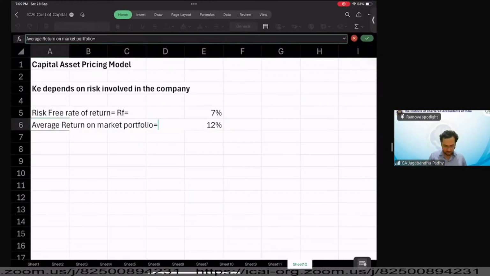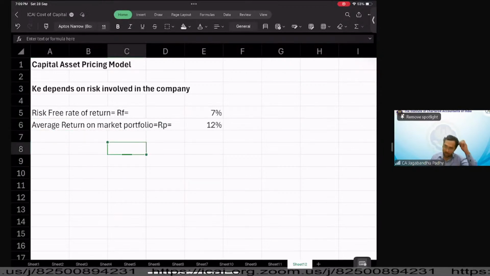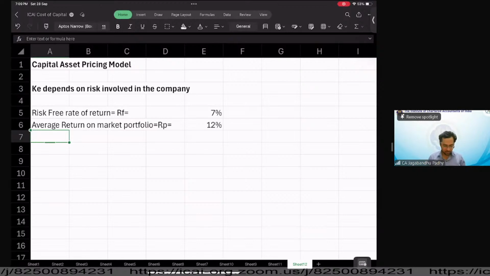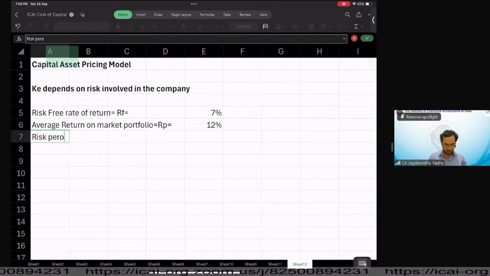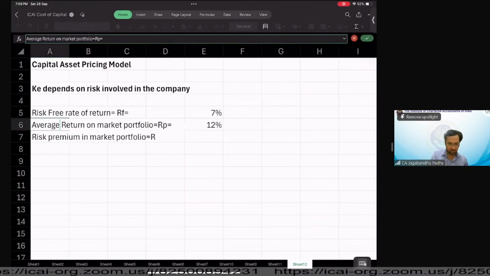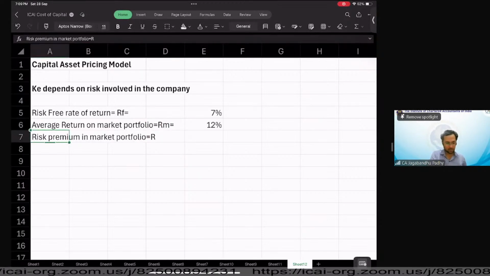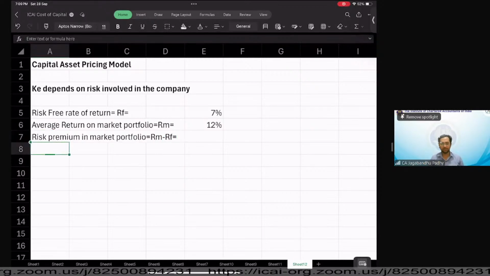This market return is going to be denoted by RM. What is the extra return that you are getting? 5%, right? It is the risk premium in the market portfolio, which is basically RM minus RF.